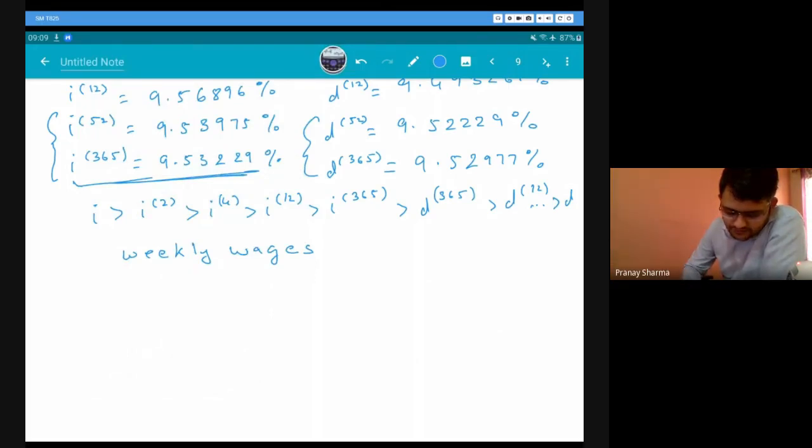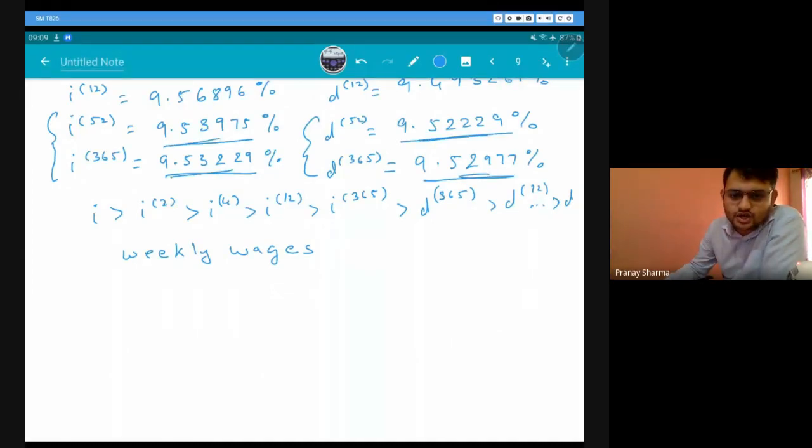So what happens is when we go to closer, smaller time periods, the rate of interest is not much different. You can see the rate of interest here and here is not much different. That means they will give us similar values. The difference between those values will be very, very small.